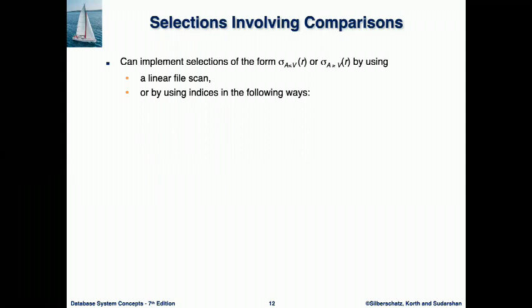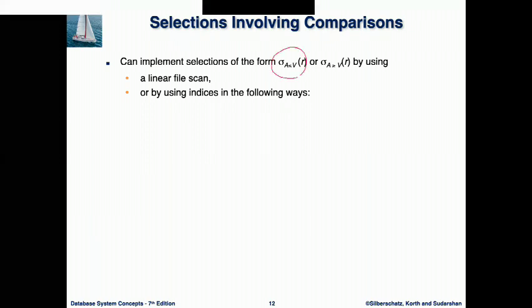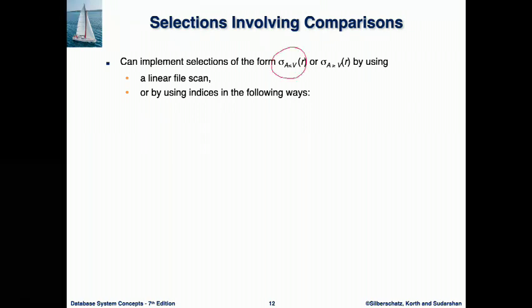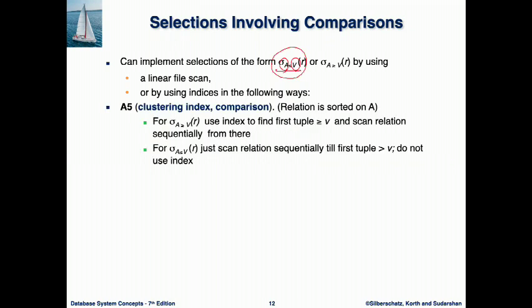Because the B+tree is an ordered index, we can support range queries. So please find all of the records whose attribute A is smaller than or equal to some value V, okay? So this is a typical example of a range query, and whenever there is an index available, then you use this.